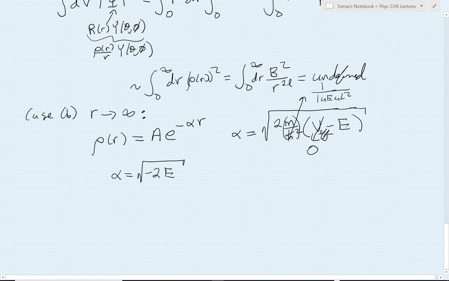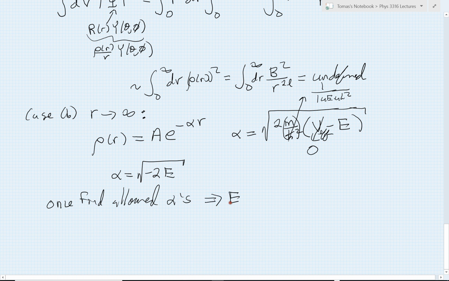The final thing I'd like to note for you all is that when we were solving for piecewise constant potentials, you might remember that we usually would get these transcendental equations for our k's and our alphas. And then only at the end would we convert our k or alpha into an energy. We're going to end up with that same type of thing here. So the plan is we're actually going to solve for the alpha, and once we find the allowed alphas, it's a quick conversion to get to the allowed energies.